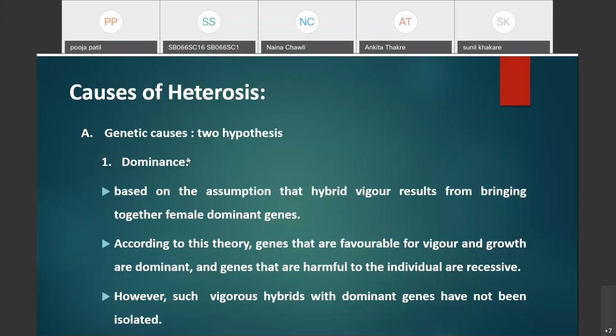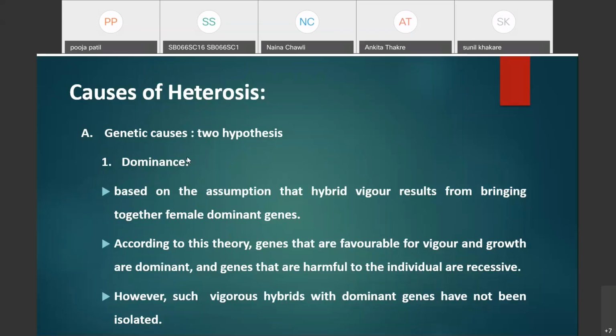That means these dominant genes come together from the two parents, and that's why the hybrid which is produced is vigorous and superior to either parent.